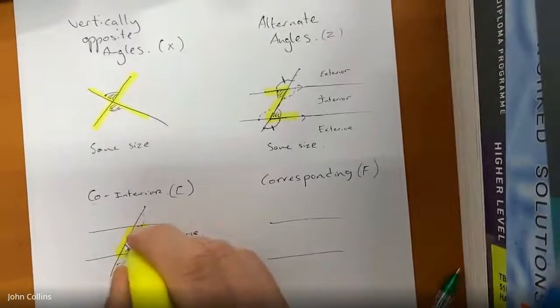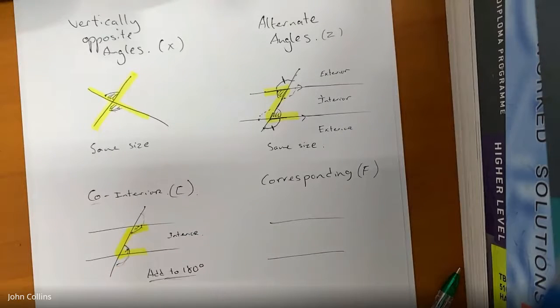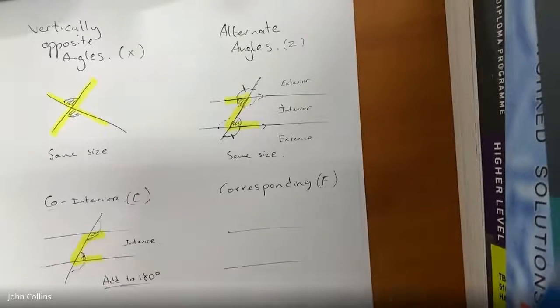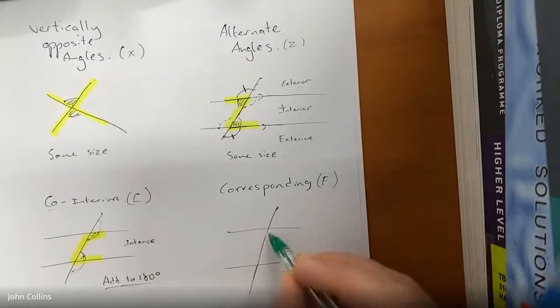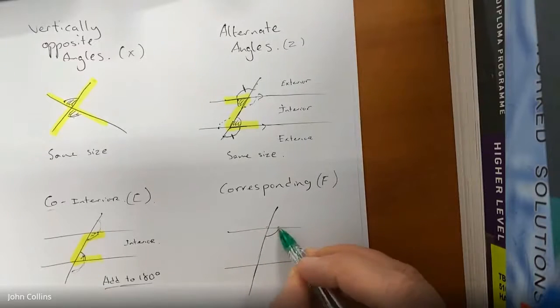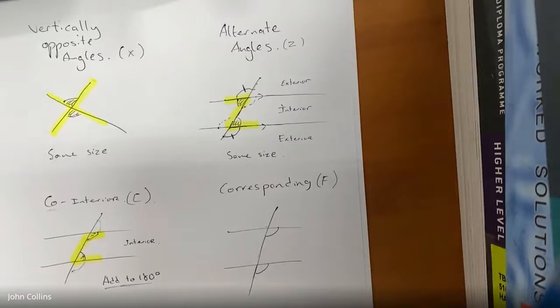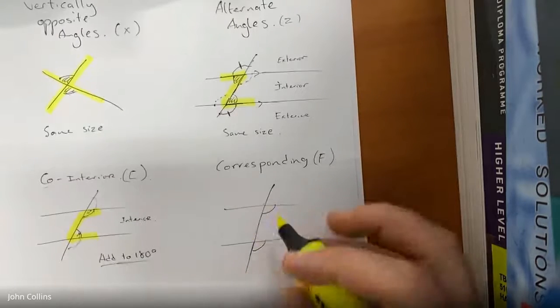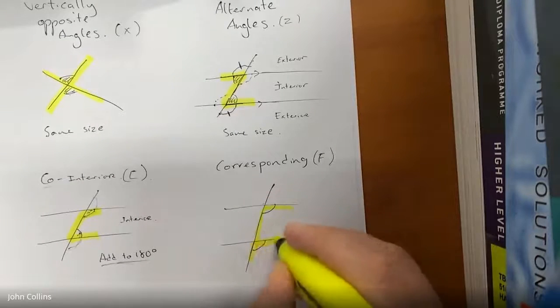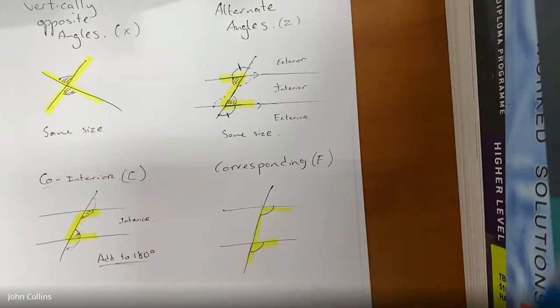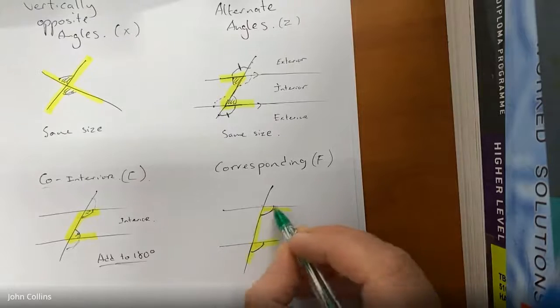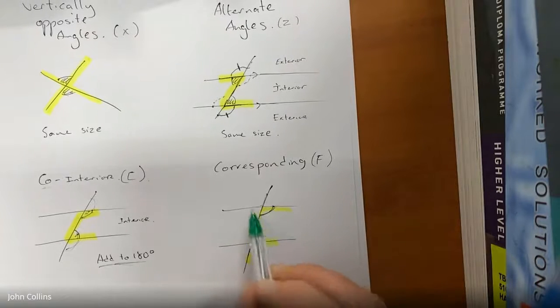This forms a C. And this one we're looking for an F, but it's kind of weird because like this angle is the same as this angle, so that's why they can use an F. You can see the F kind of shape there if you want to use a letter. Looking for that F shape. This angle will be the same as this angle, same position. Bottom right of this X and bottom right of this X are the same.